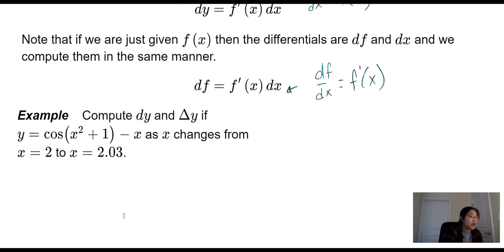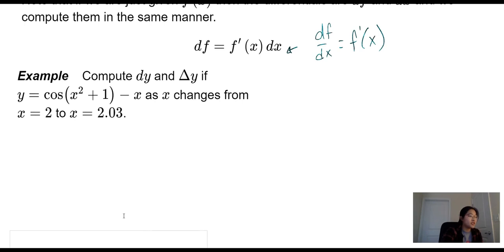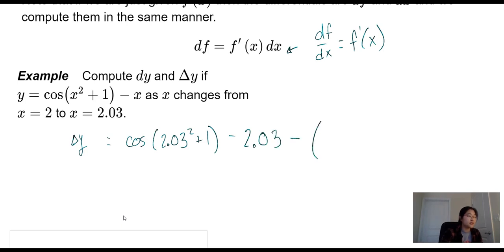Well, the change in y, that one's pretty straightforward, because all you need to do is just plug in some numbers. So the change in the y value is going to come from cosine of 2.03 squared plus 1 minus 2.03, minus, and then I'm going to put parentheses because that's responsible, and then I'm plugging in 2.